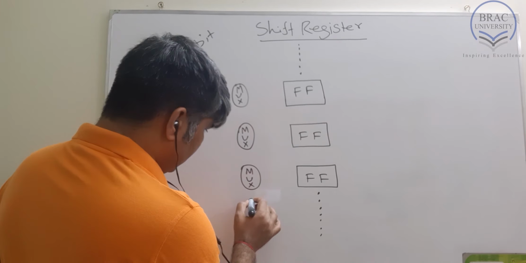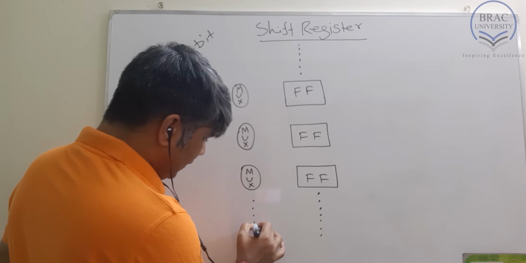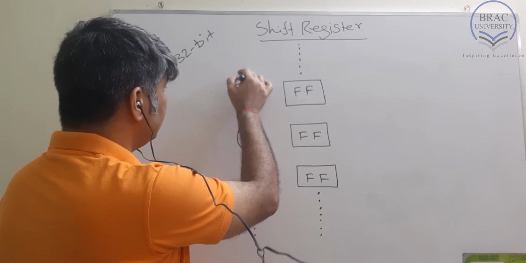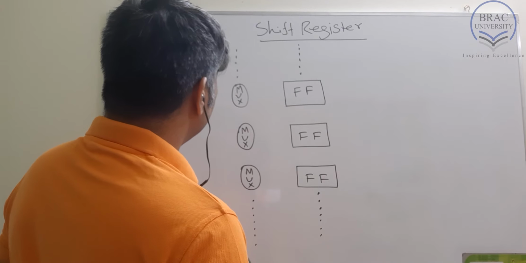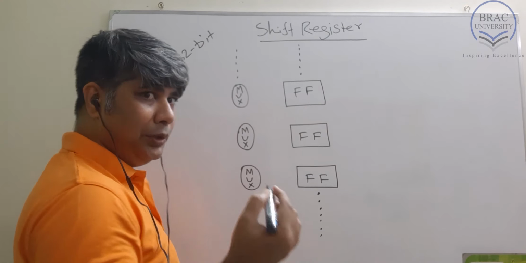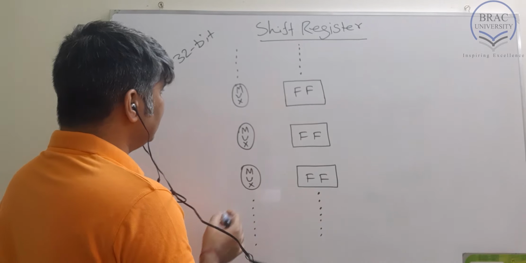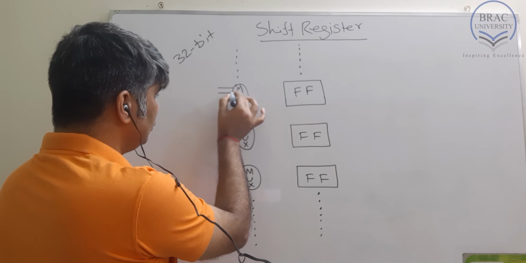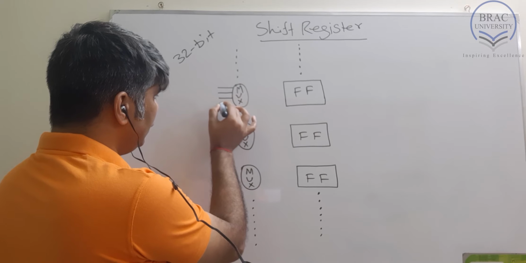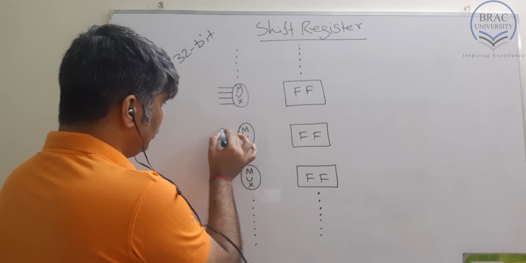Okay. Similarly, we'll have multiplexers for all the flip-flops, so we can select it like this. And how many inputs are these multiplexers going to have? They will have four inputs: 1, 2, 3, 4.